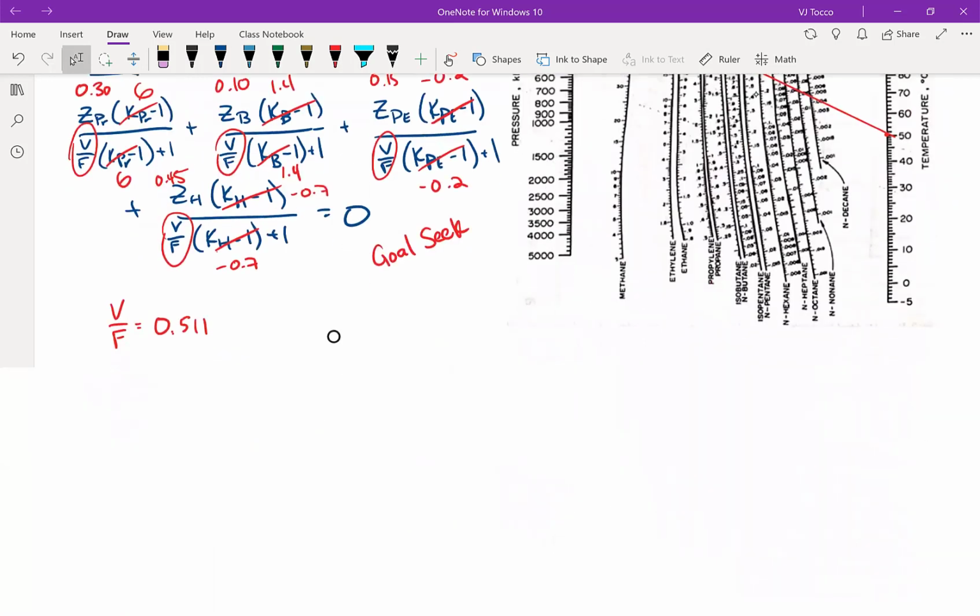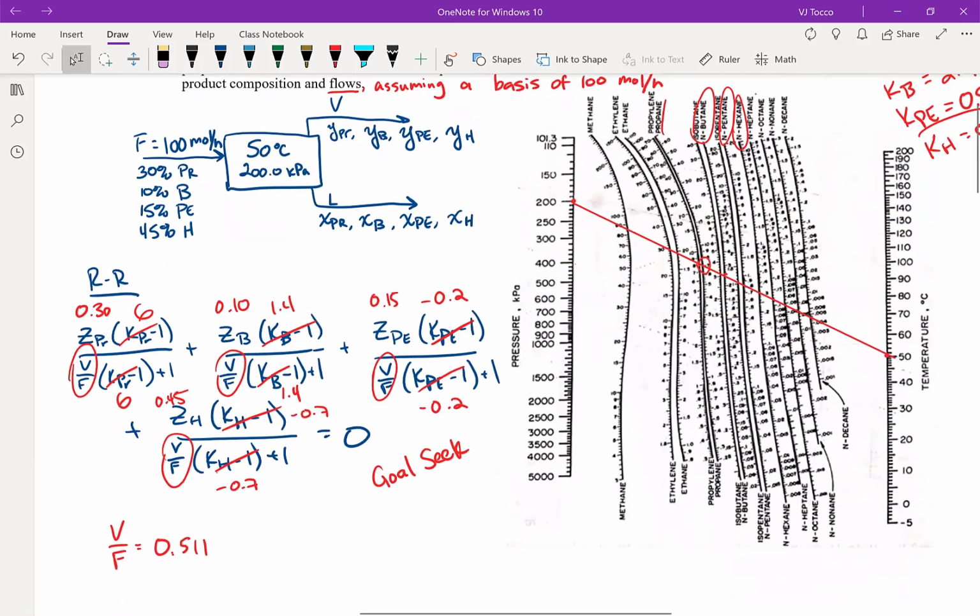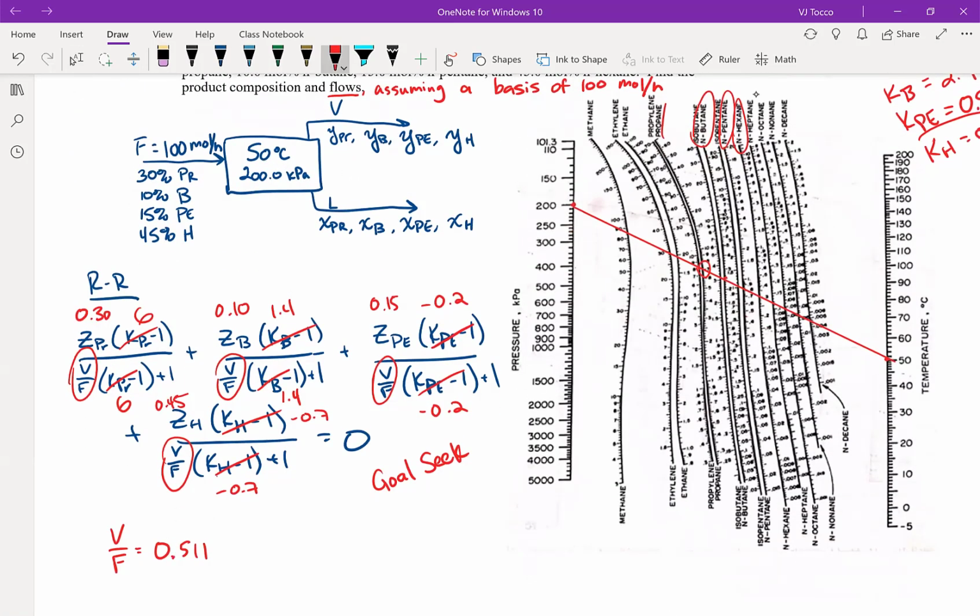So when you're reporting this V over F, it doesn't make a lot of sense to report a lot of significant figures, just because, like I said, you should try it with different values for these Ks, and you'll see how different your V over F should be. It should be in the right ballpark, though, so it's not going to change by too much, but it can change considerably depending on the values that you get for your Ks.